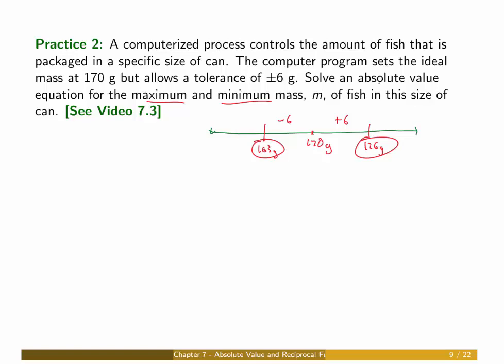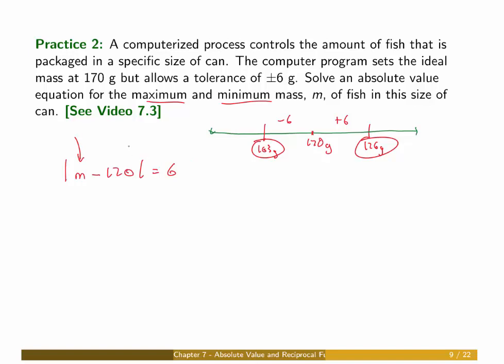When you quantify this question, you're actually going to use an absolute value, because that's what you're interested in. This is the mass, and you want the maximum or minimum.